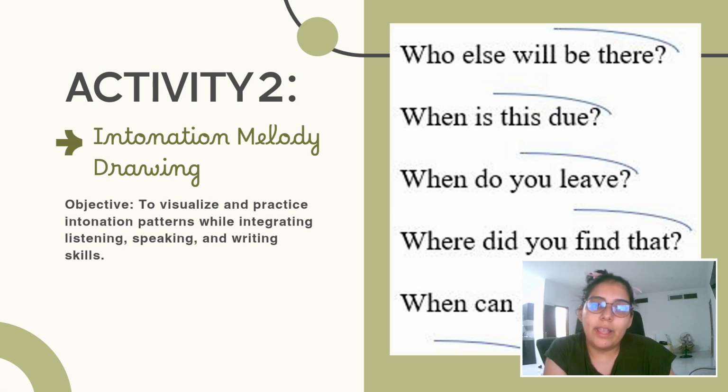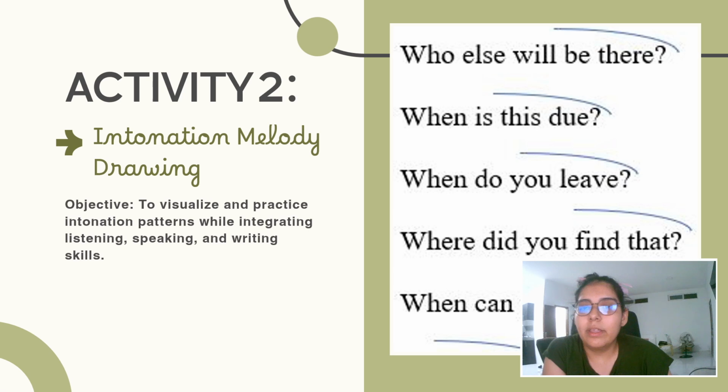The procedure is that the students draw the intonation pattern above each sentence. Example, rising and falling. They practice saying the sentences following their drawn patterns. Then a group discussion on how intonation affects meaning and emotion in speech.